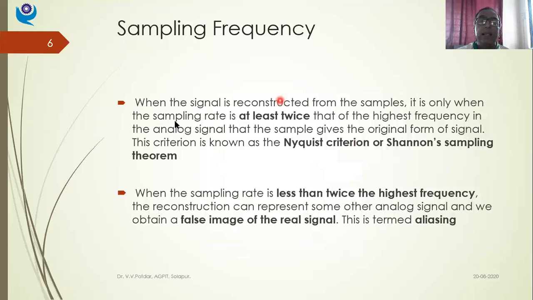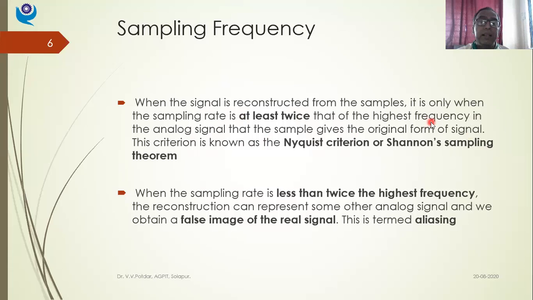When the signal is reconstructed from the samples, it is only when the sampling rate is at least twice that of the highest frequency in the analog signal that the sample gives the original form of the signal.